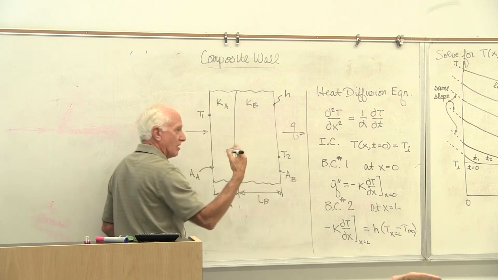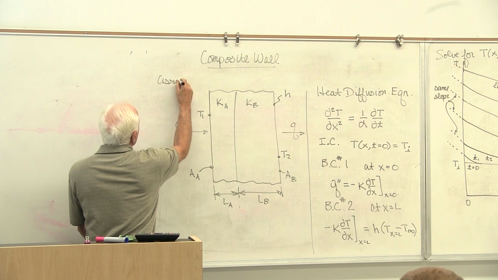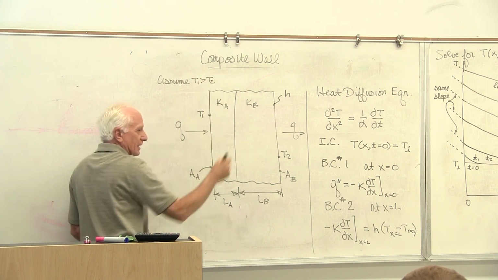We'll just assume, for argument's sake, that T1 is greater than T2. So heat's flowing left to right.